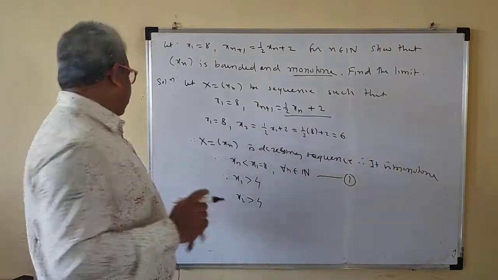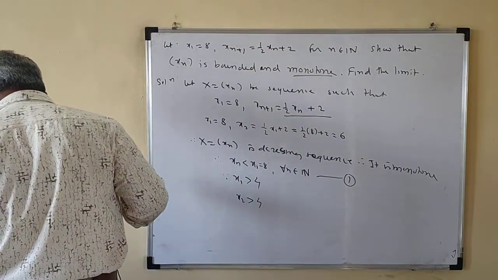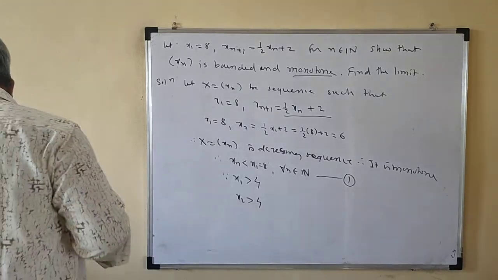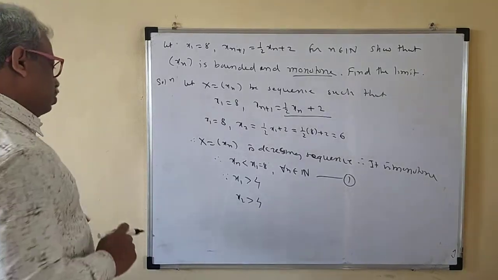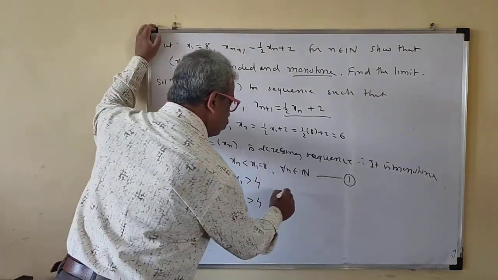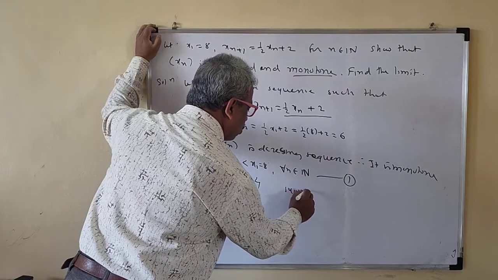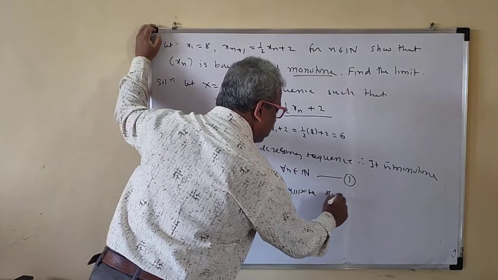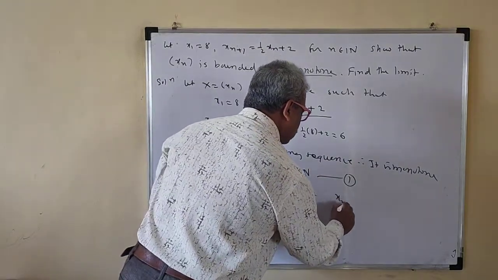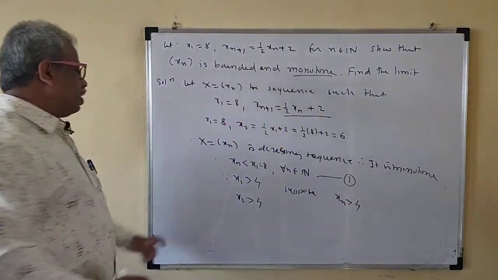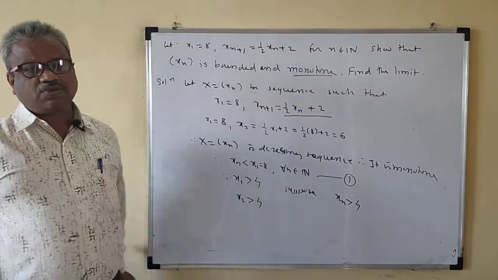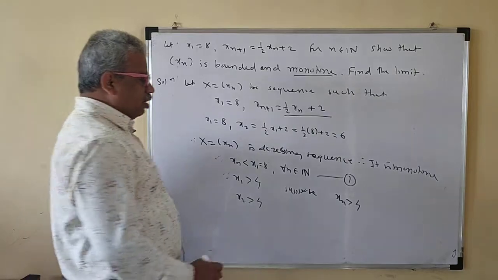You have to prove xn plus 1 is also greater than 4 now. So suppose xn is greater than 4. So your x1 is greater than 4. We'll suppose xn is greater than 4. If you prove xn plus 1 is also greater than 4, then we have proved. Okay. So what do we do now?